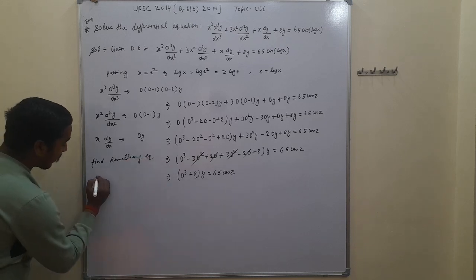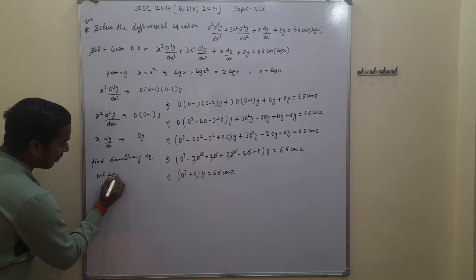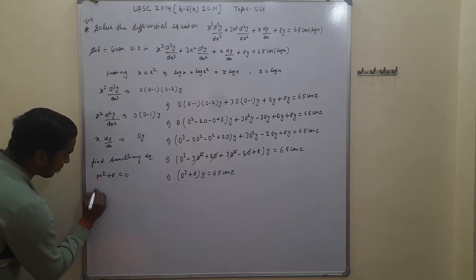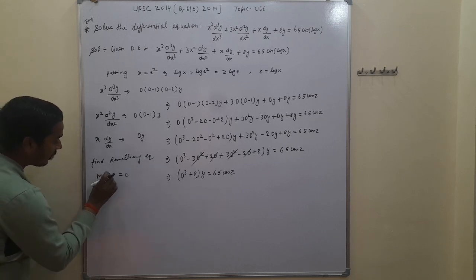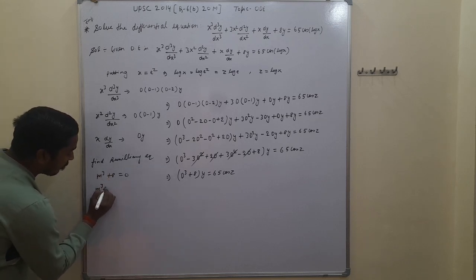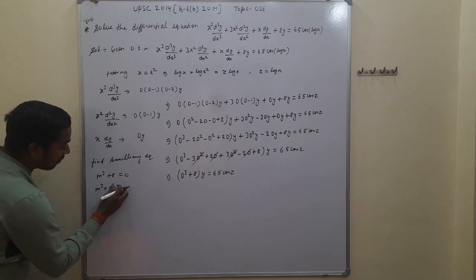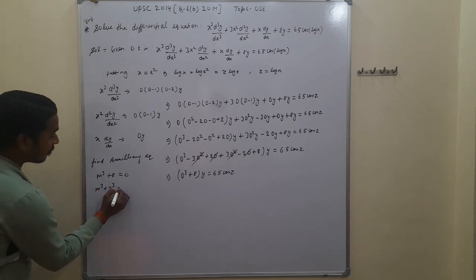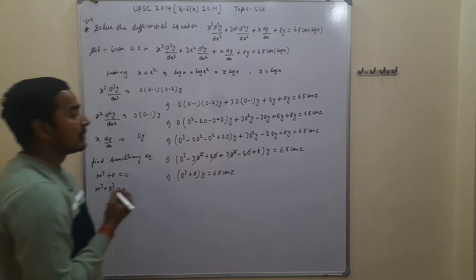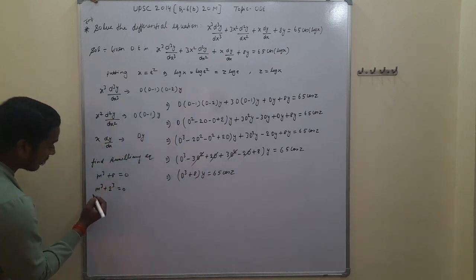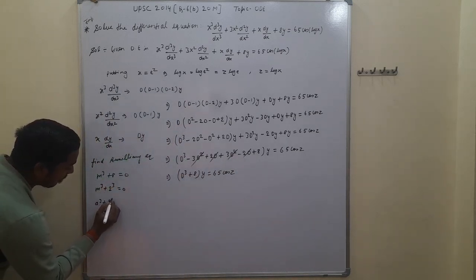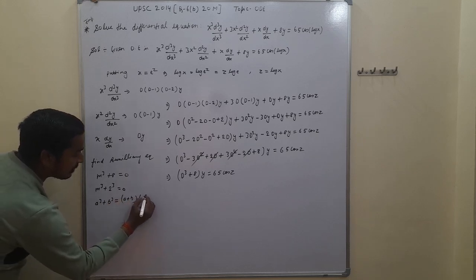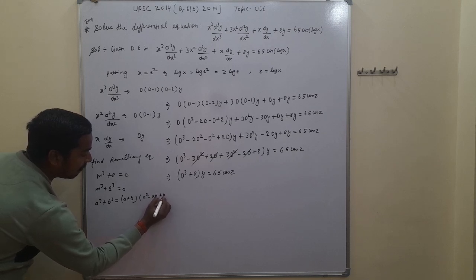We can write m cube plus 8 is equal to 0, that is m cube plus 2 cube, since 2 cube is 8, is equal to 0. We use the formula a cube plus b cube is given by (a plus b) into (a square minus ab plus b square).